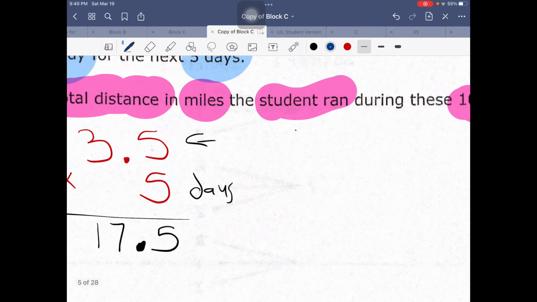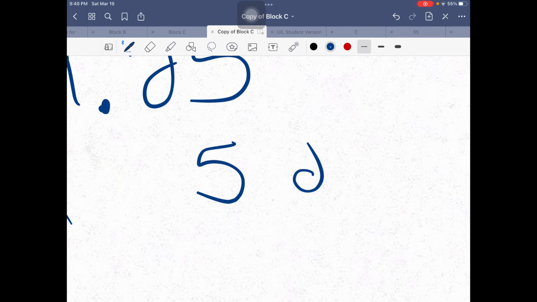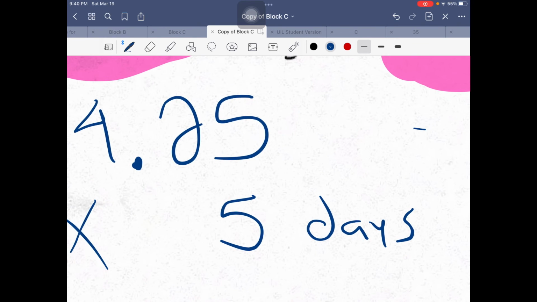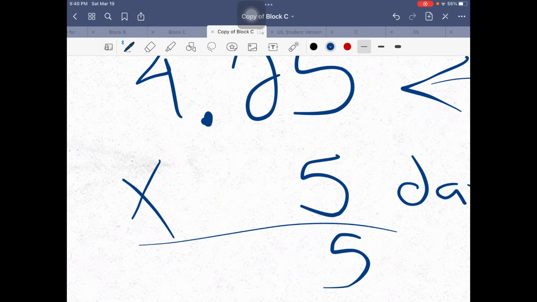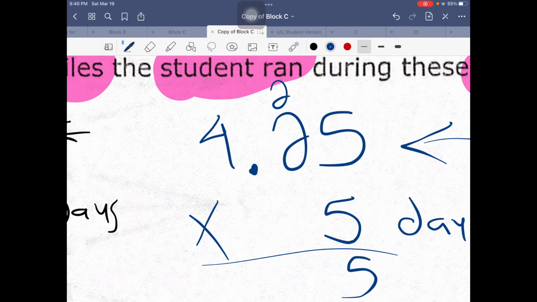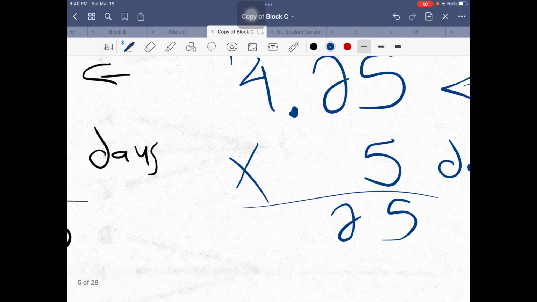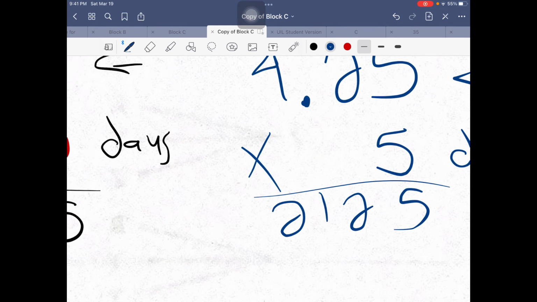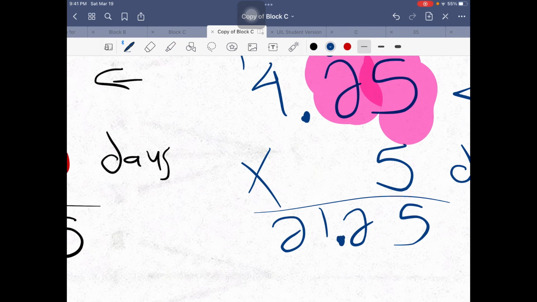Now, 4.25 for the next 5 days, so times 5 is once again, because of the 5 days that he ran this distance. 5 times 5 is 25. 2 times 5 is 10 plus 2 is 12. And 4 times 5 is 20 plus 1, 21. Now, 2 decimal places means it goes right here.